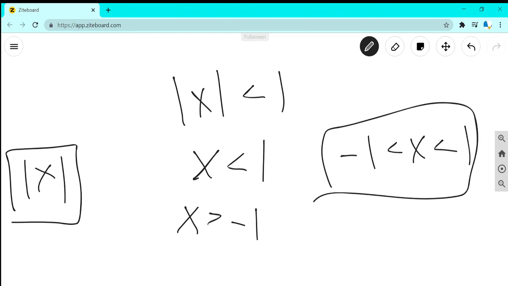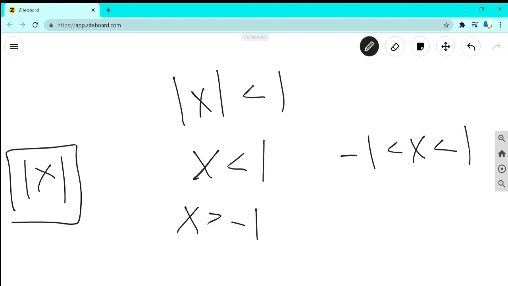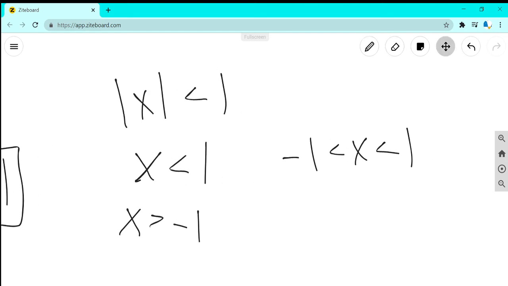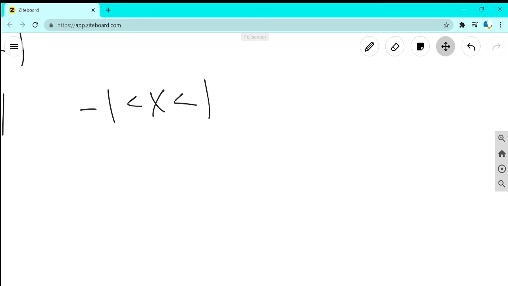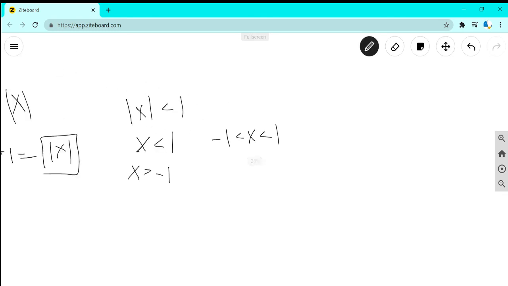Now, that's not it though, because you always have to check the endpoints, since sometimes -1 or 1 can be included in the interval. To check, we need to plug the endpoints into the series. Remember, our series was the sum from n equals 0 to infinity of x to the n.